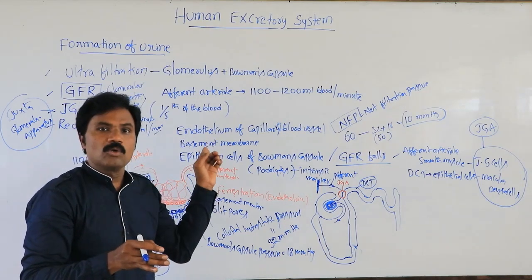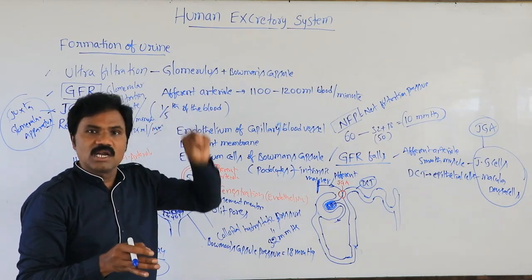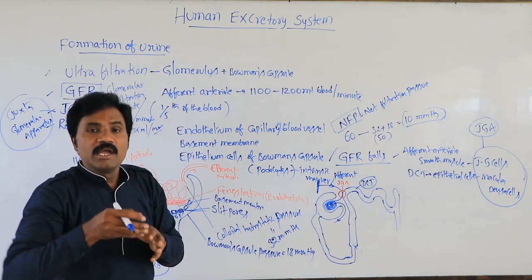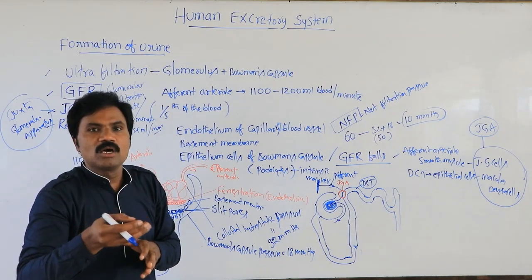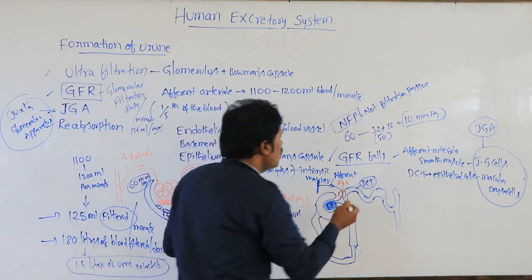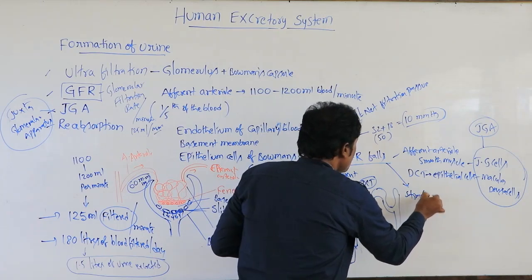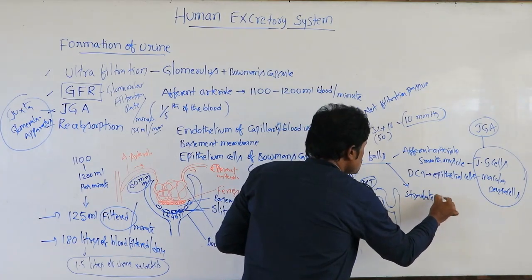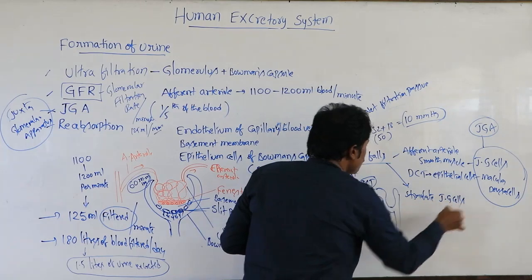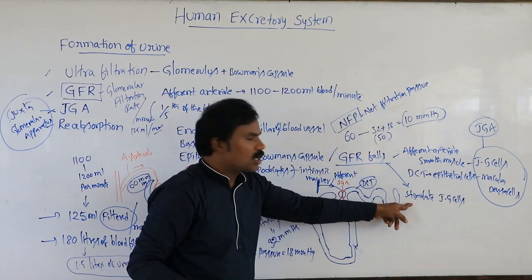Whenever the glomerular filtration rate falls, it immediately stimulates the juxtaglomerular cells.